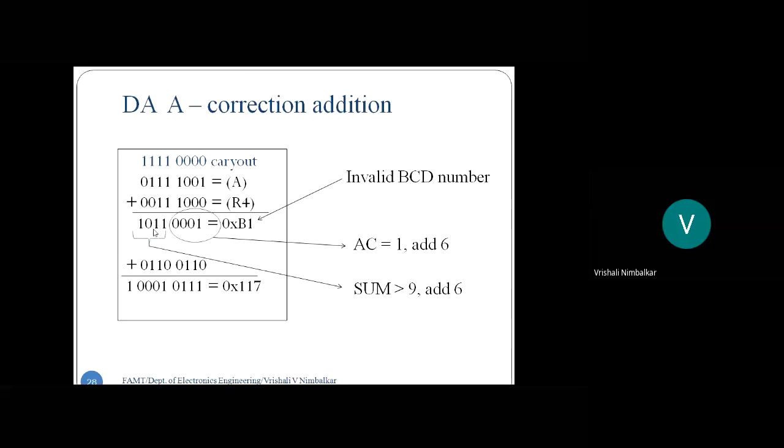That is B. So what is this upper number telling? The sum is greater than 9. I mean, this is also invalid. To make it valid, add 6 here. It means the lower digit is also invalid because of auxiliary carry, and the upper digit is also invalid because it is greater than 9.